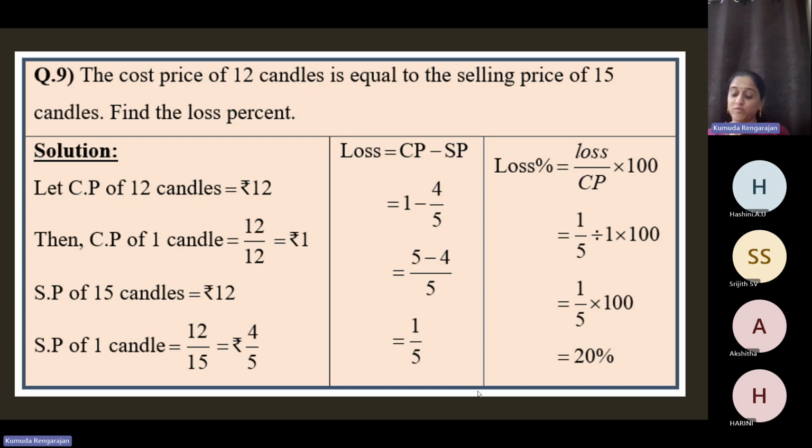SP of 15 candles is? You've written 1 rupee. You got confused, I think. No. Give me your book. Instead of writing 12 by 15, I wrote 15 by 12. Ah. Then I wrote 15 by. All the steps are correct. How is it correct? Very good.